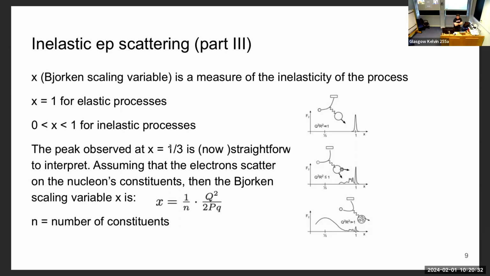So going back to the picture I was showing earlier, the peak that we observe at x equal to 1/3 is not straightforward to interpret. We are assuming that the electron scatters off a nucleon's constituents, and the Bjorken scaling x can be interpreted as the formula I was showing before, but also divided by the number of constituents. In this case, we have 3 constituents, hence the peak at 1/3.